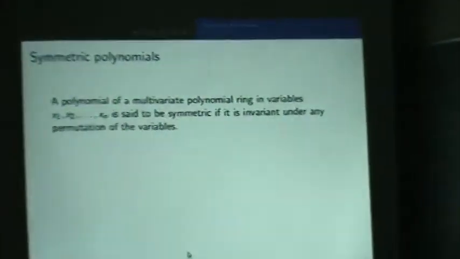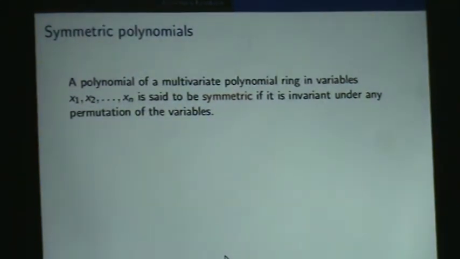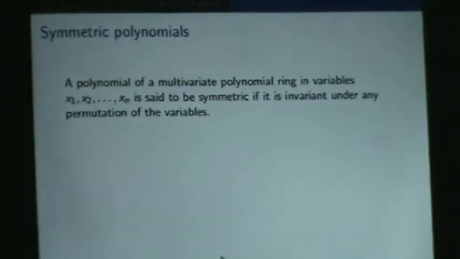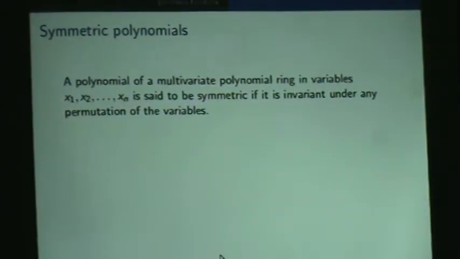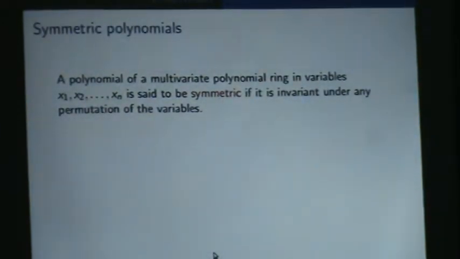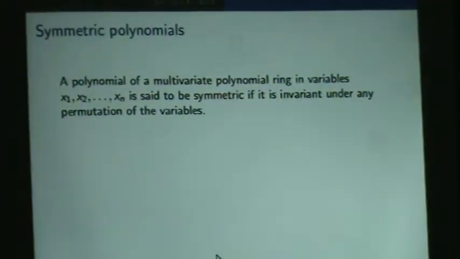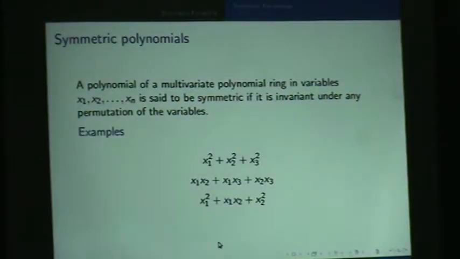The most natural place to start describing symmetric functions is to talk about symmetric polynomials. A polynomial in a multivariate polynomial ring with, say, variables x1 through xn is said to be symmetric if it's invariant under any permutation of these variables. Natural symmetric polynomials would be the following ones.